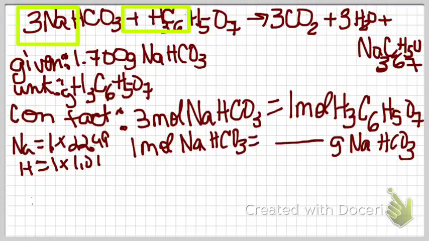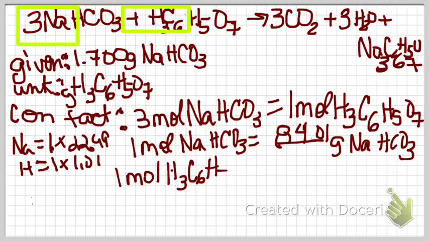That's for the other one. For this one, it is 84.01. And then for the citric acid, it is 192.12.